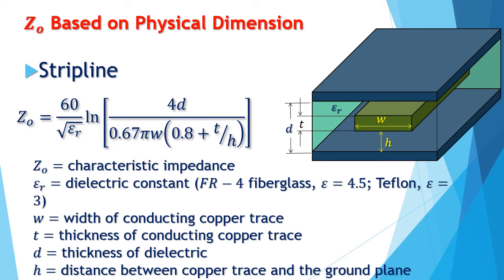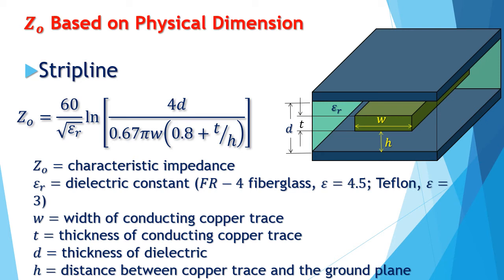First, we have FR4. FR stands for flame retardant. So FR4 is a glass reinforced epoxy laminated material. So we have FR4 fiberglass. Epsilon in this case is equal to 4.5, and for Teflon, epsilon is equal to 3.